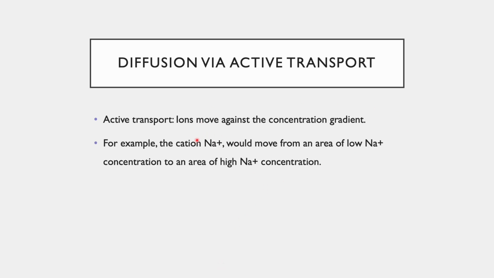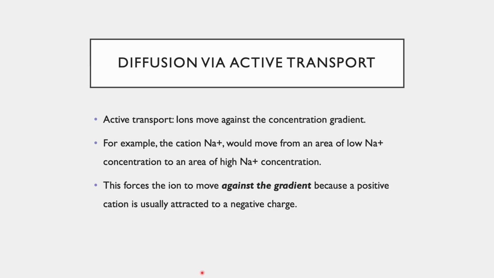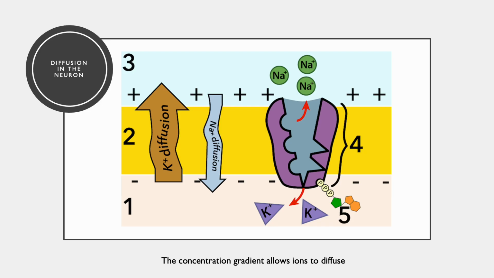For example, the cation sodium would move from an area of low sodium concentration to an area of high sodium concentration. This forces the ion to move against the gradient because a positive cation is usually attracted to a negative charge. Thus, this type of transport requires adenosine triphosphate. It requires this energy to push the ions against their gradient.